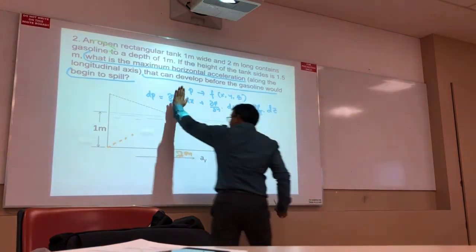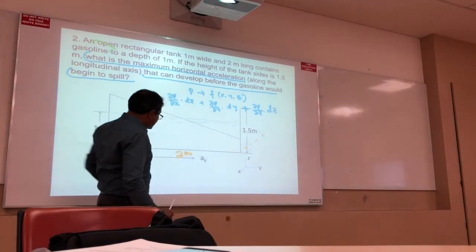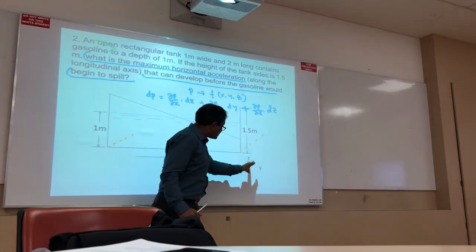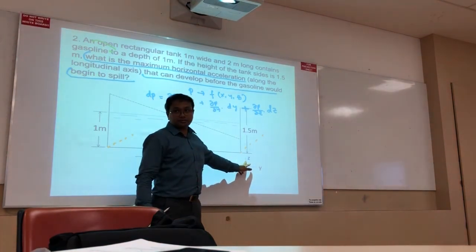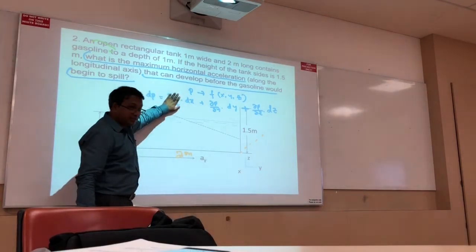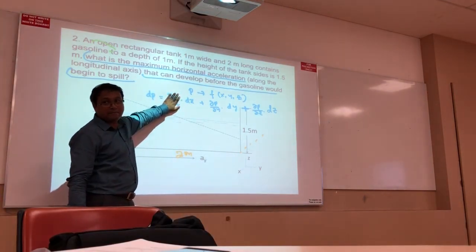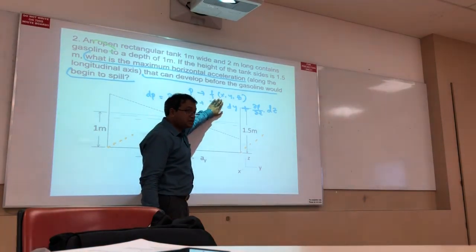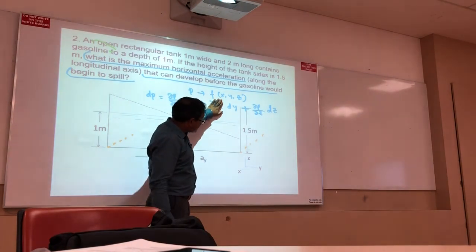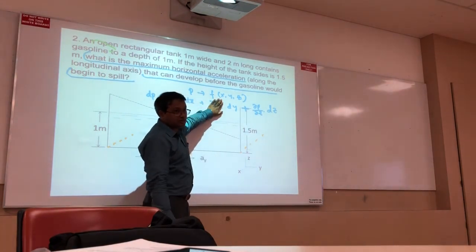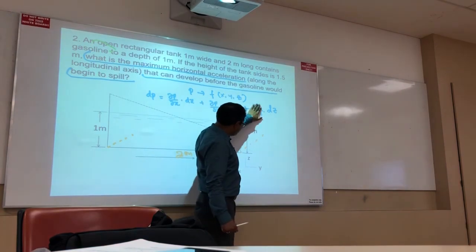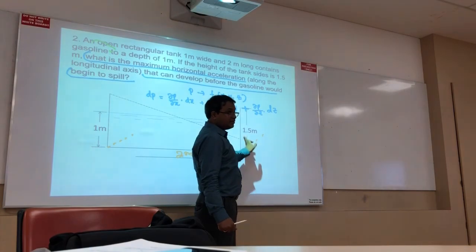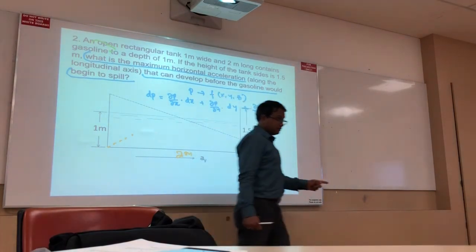Similarly, this term changes only in the y direction, but x and z are fixed. Similarly, ∂P/∂z changes along the z direction, but x and y are constant. This is the understanding, okay?